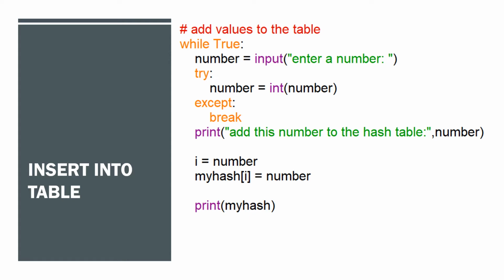So we're going to insert data into the table at a position indicated by the data value itself. In this example, the data value is called number, so I'm simply going to use the integer number to tell me the location to store the value.